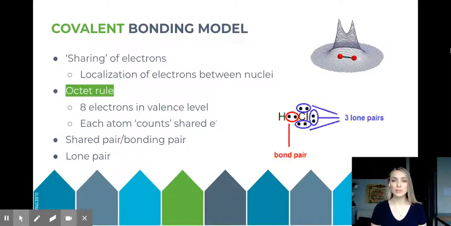And why does covalent bonding occur? Well, it helps atoms satisfy the octet rule, which I've mentioned briefly, but we'll dive into it more deeply here. The octet rule is the idea that many atoms want to have 8 valence electrons in their valence energy level.